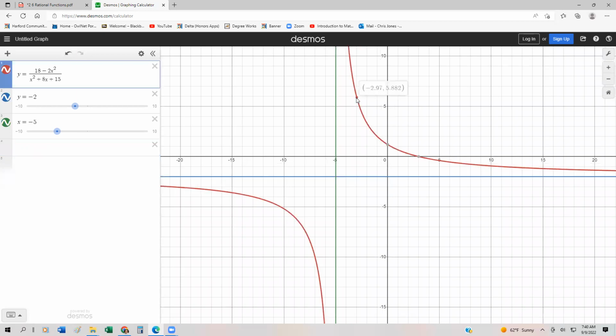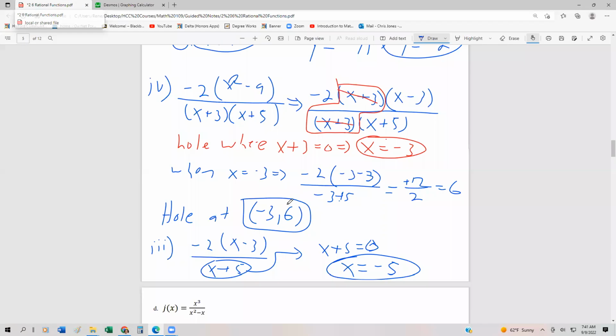But if I go through and try to see what Desmos says about that point, so be really careful, notice right here it says -3, comma undefined. So there actually is a hole there, and Desmos is smart enough to find it. We could just plot it on the graph and we can see that there is a hole there. So that's pretty cool that we can identify these just by looking at the various components of the function.